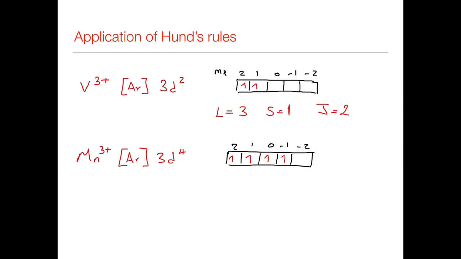So this is telling me that L is equal to 2, S is equal to 2, and J must be equal to 0. That's interesting. I've got something in which the spin angular momentum and the orbital angular momentum seemingly cancel each other out, giving no net angular momentum.